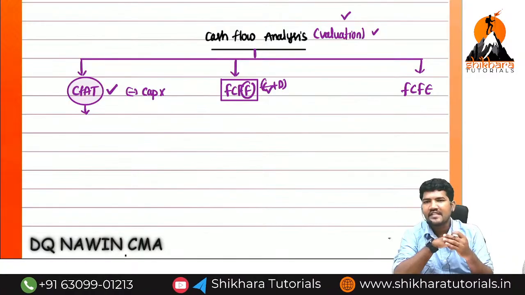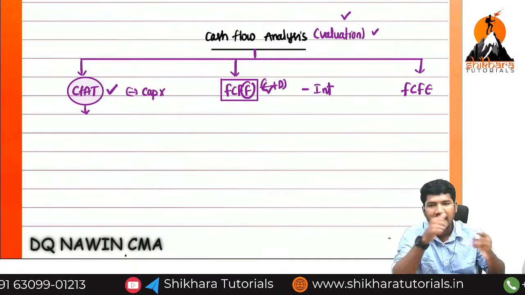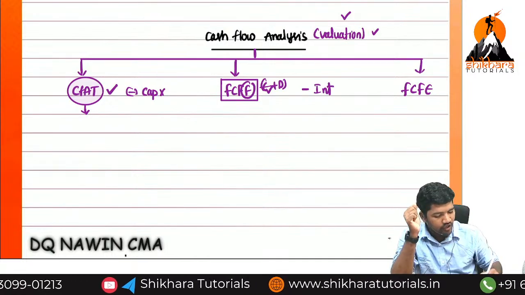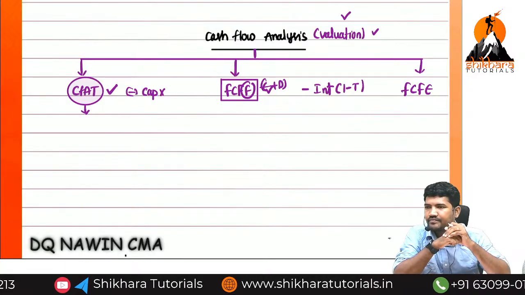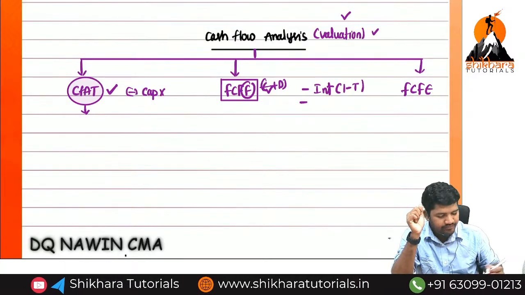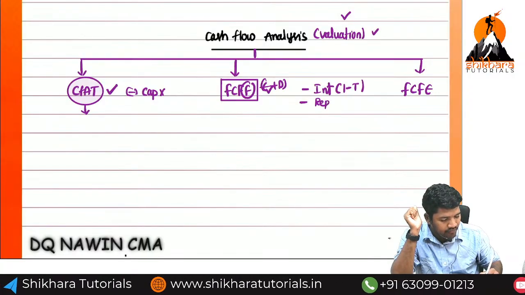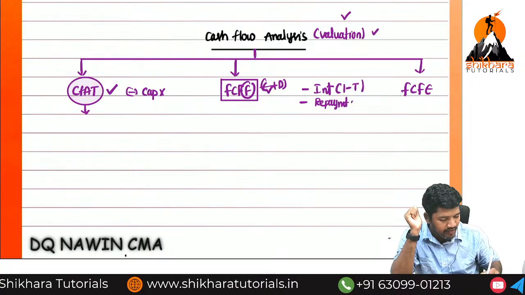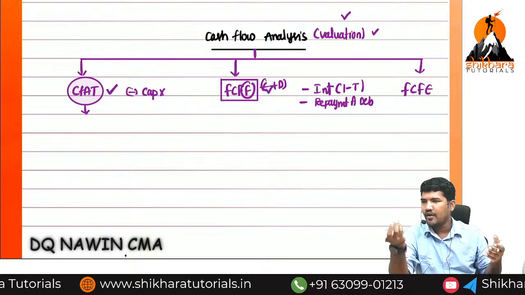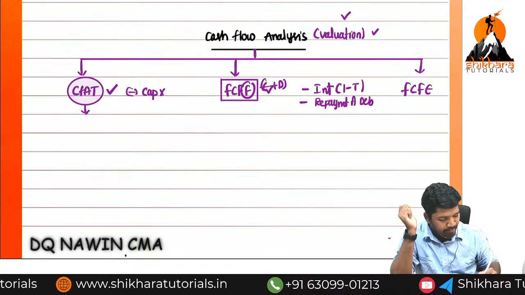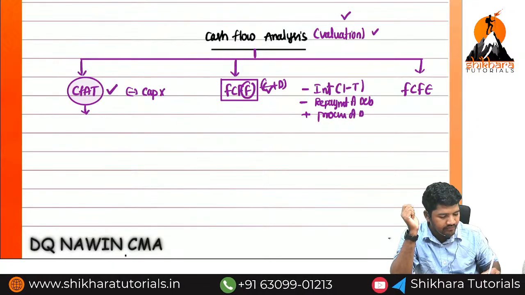Now out of this 100 lakhs, I settled interest, that too the tax-benefited interest: interest times (1 minus tax), minus repayment of debenture or debt fund, plus procurement of debt.